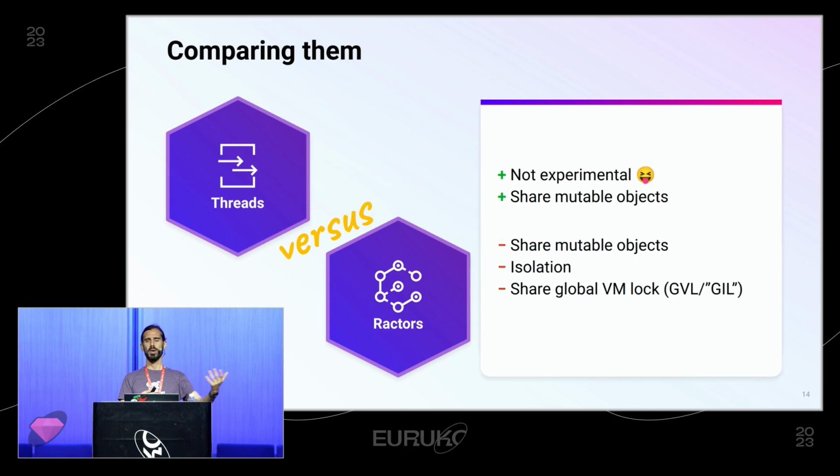And reactor is a much more limited model, and by being more limited, it takes away some of the foot guns that you might have. So it's both an advantage and a disadvantage that you can share stuff. Reactors are a lot more isolated because that's exactly the point. They can communicate in much more restricted ways. And threads share the same global VM lock, or GVL, which we've seen Matt talk about a lot here today. And I'll talk a bit more about it during this presentation.